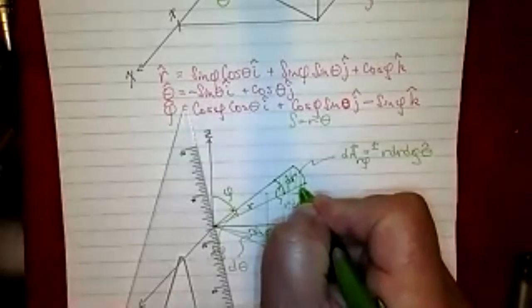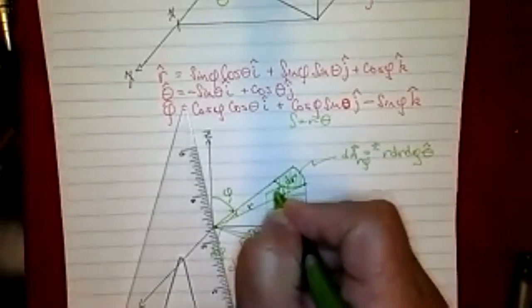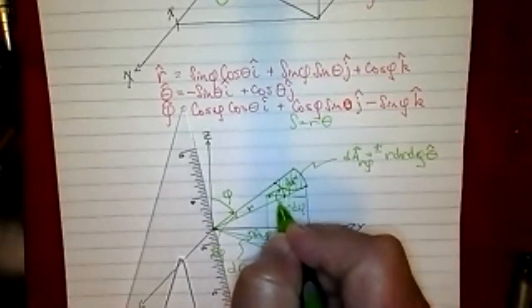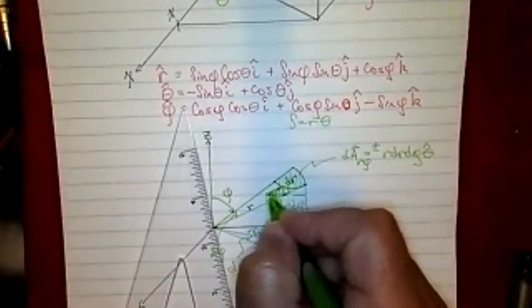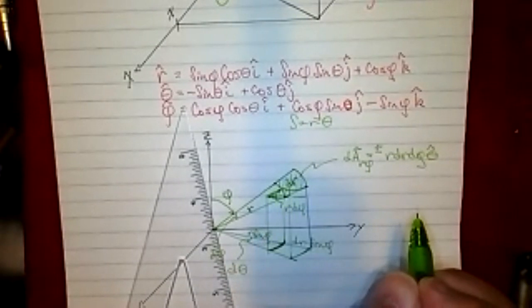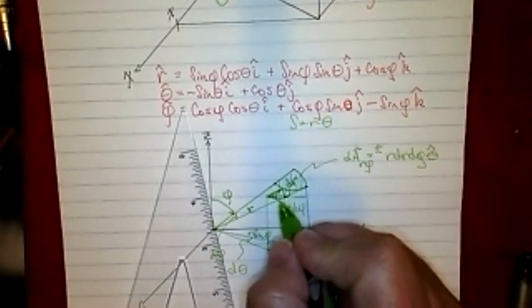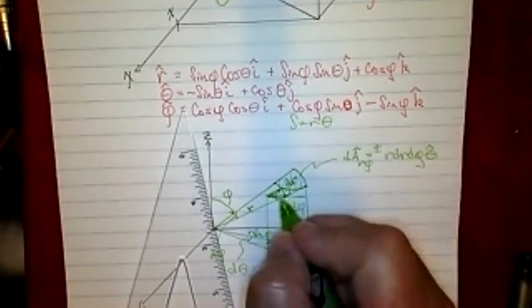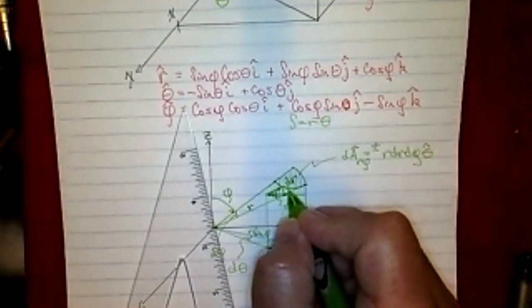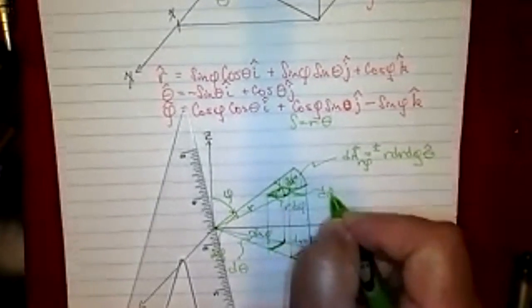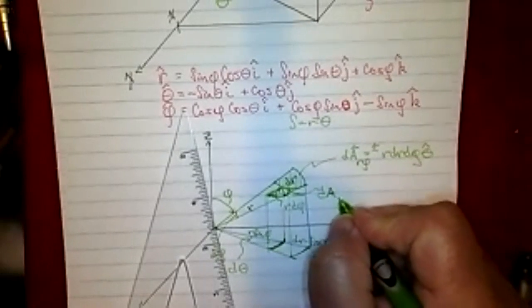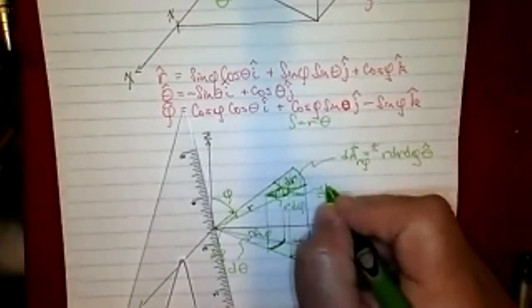So what we're going to get is this little guy turning off like this, okay? So the radius of that arc was r sine phi, but this part right here will still be dr. So the actual differential area element for this one, this is dA, such that we allowed the two variables r and theta to change.